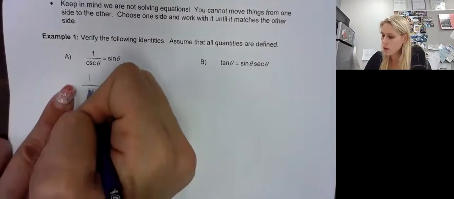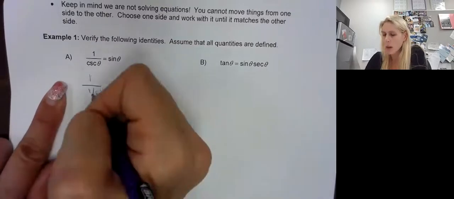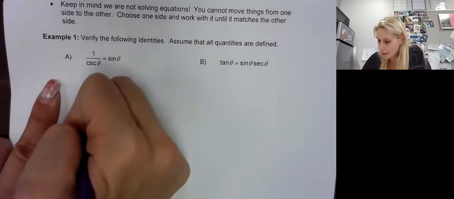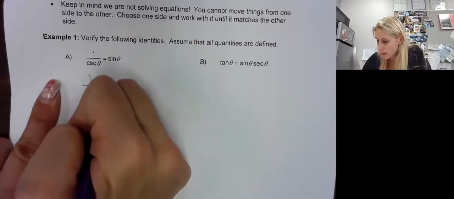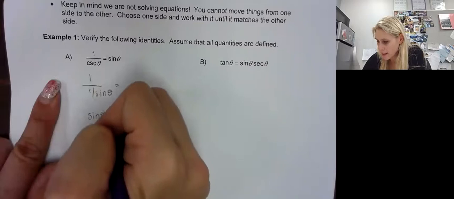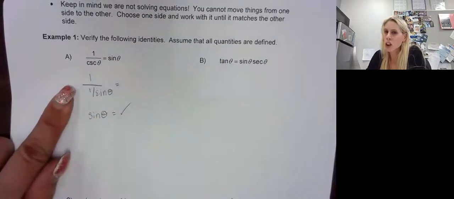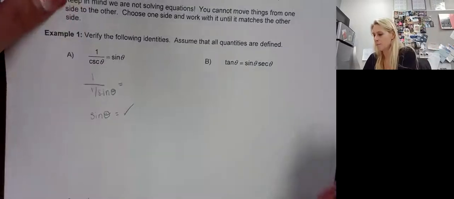Well, 1 over sine. Dividing by a fraction is the same thing as multiplying by the reciprocal. So then we manipulate that to sine theta equals, and of course we got our other side. So I usually just check it off and say, look, I got there.